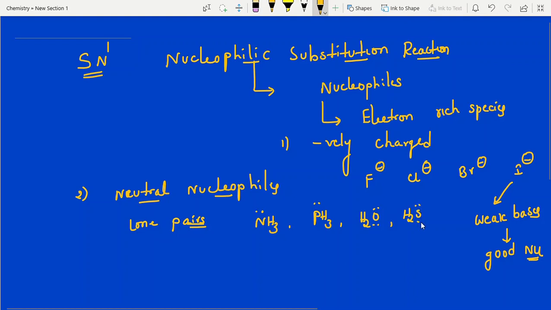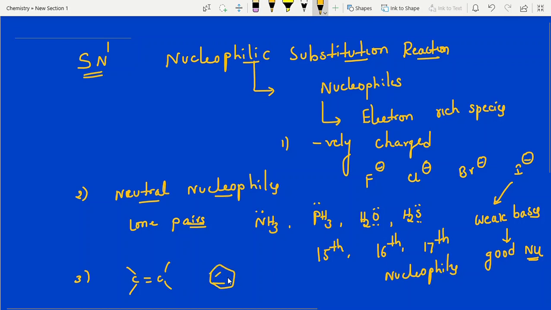15th group, 16th group, 17th group elements act as nucleophiles, electron-rich species. Okay, clear students? Now next one. Neutral nucleophiles, another category also we have. That is double bonds and triple bonds, multiple bonds, like benzene.